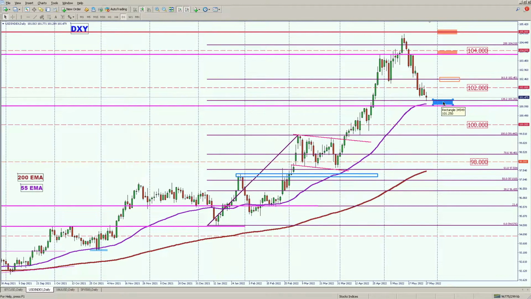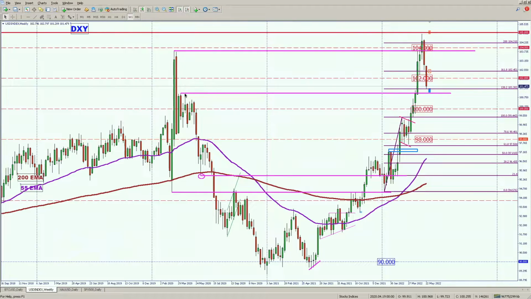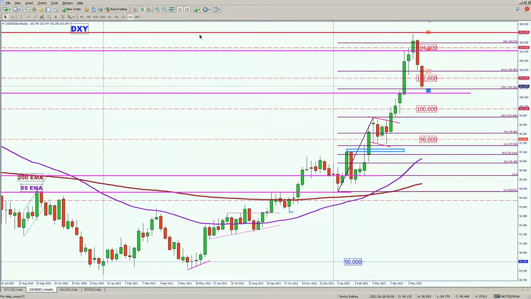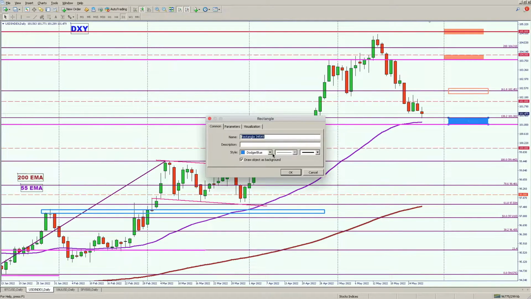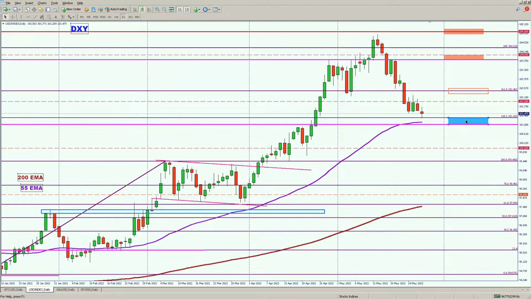And now this support zone is going to be critical. It's sitting right next to the daily 55 and this 138 fib, as well as a previous swing high, right? Yes, a previous swing high here. So that's a major support zone now.